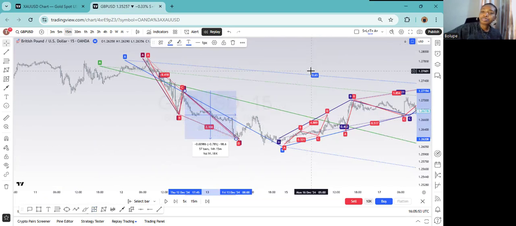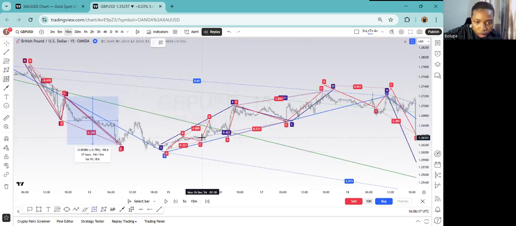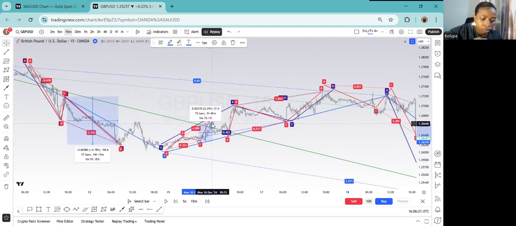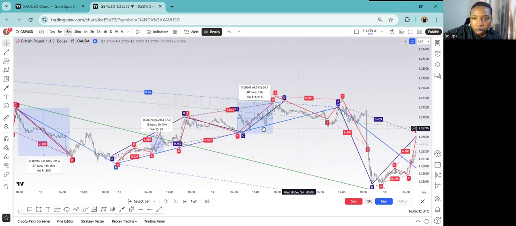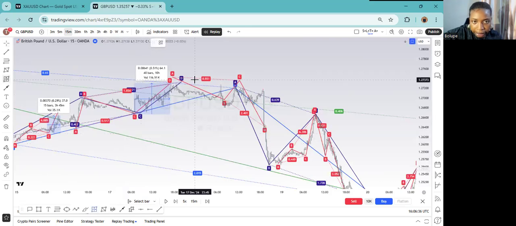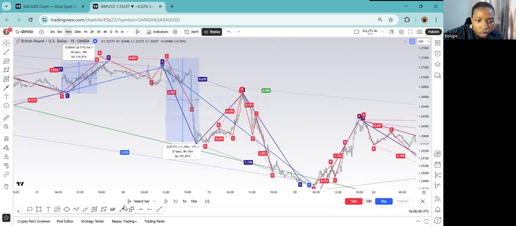It's 98. Let's bring out the calc. 98 plus 37, 64 plus, this is it, plus 171 plus.